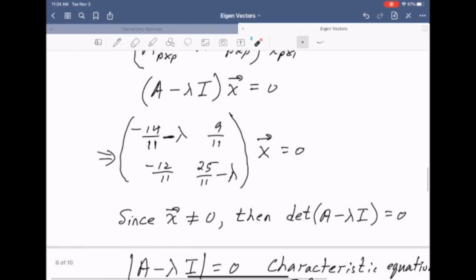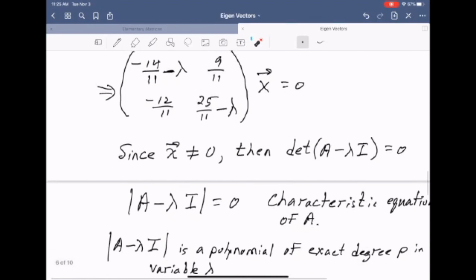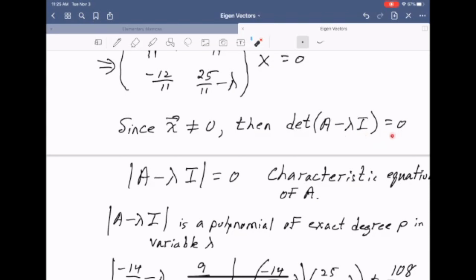So if that's the case, we can take this out and this becomes 0. But since vector x is not equal to 0, then the determinant of A minus lambda times the identity matrix must be equal to 0.